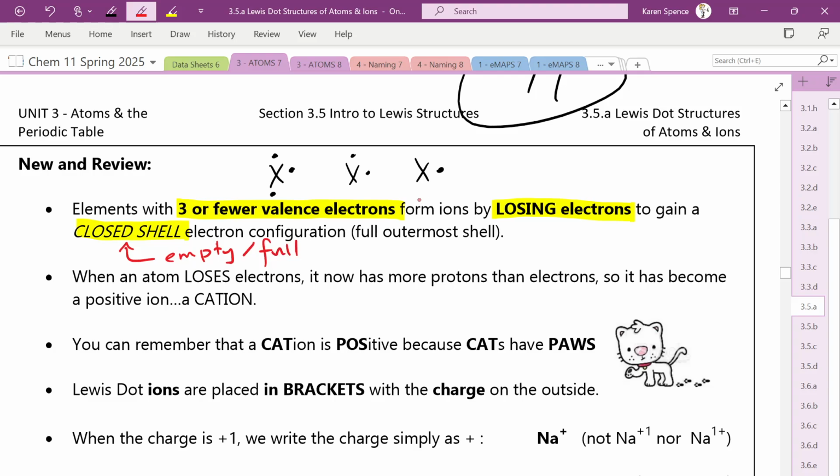What types of elements have 3 or fewer valence electrons?